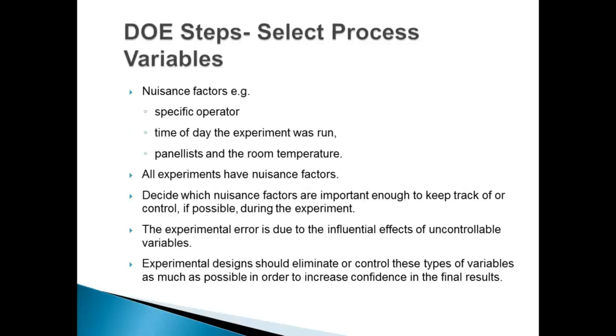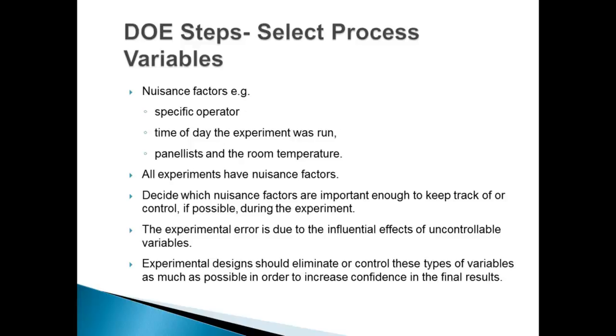We have examples of nuisance factors like specific operator, time of the day the experiment was run, panelists, and the room temperature. All experiments indeed have nuisance factors. Therefore, decide which nuisance factors are important enough to keep track of or control if possible during the experiment.